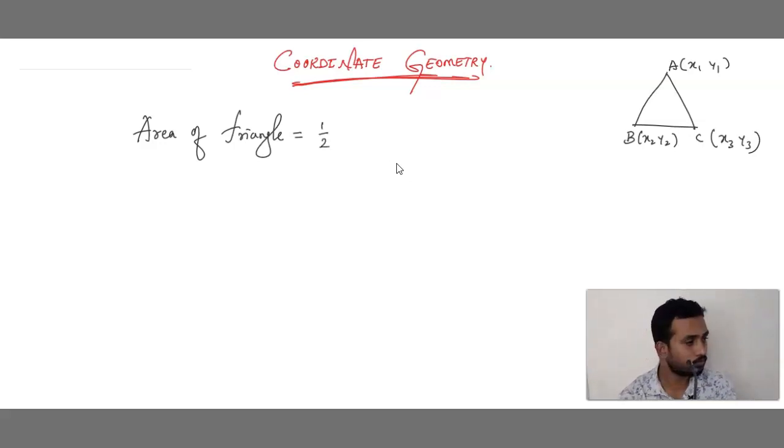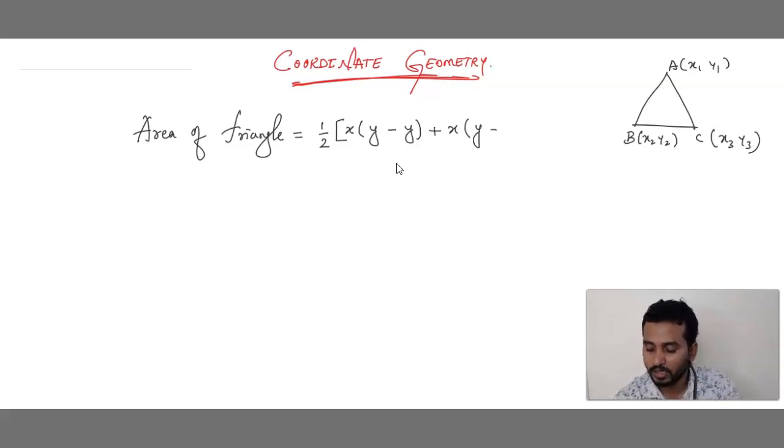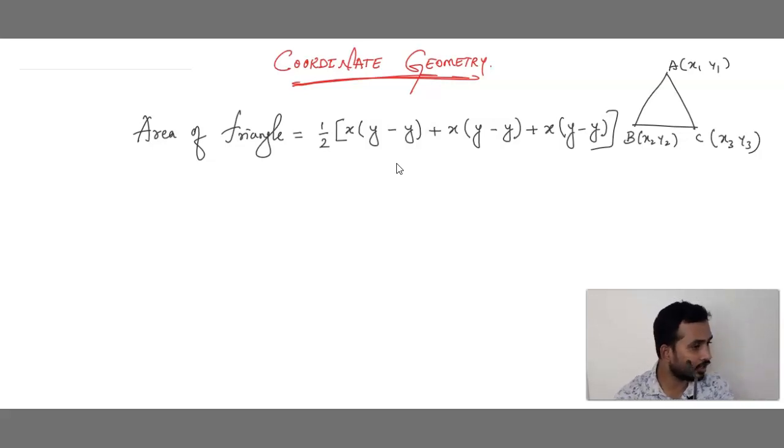Half. After that, half into x into (y minus y). Again, plus x into (y minus y). Again, plus x into (y minus y). Close the bracket. It's easy, right?